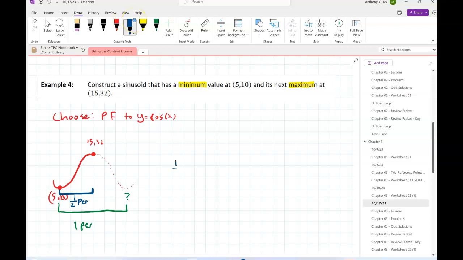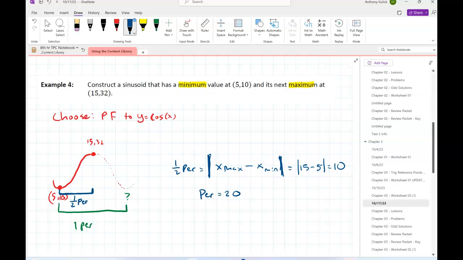So we can say that 1/2 the period is going to be the x-coordinate from the maximum minus the x-coordinate from the minimum, and I'm going to do an absolute value of that. So that's going to be 15 minus 5. So that's 10. So if I multiply both sides by 2, I know 1 period is 20 then.